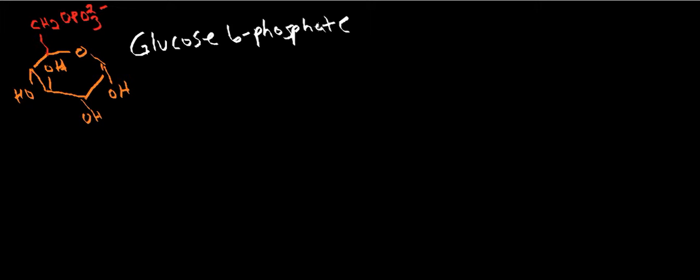Our next intermediate from glucose 6-phosphate is fructose 6-phosphate. With fructose 6-phosphate, you still have a 6-carbon molecule. However, it's a cyclic structure, but not the cyclic structure that we have here. I'll show you what it looks like.